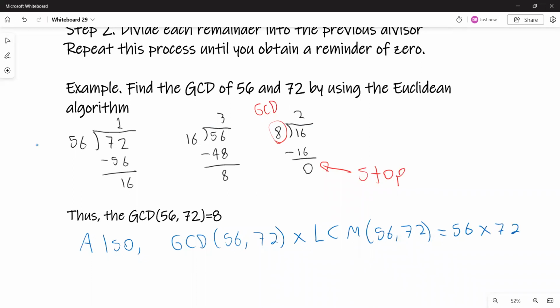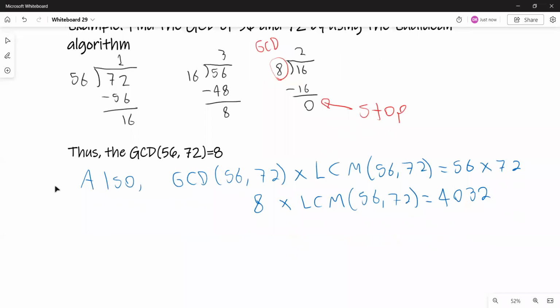The greatest common divisor, we found this to be equal to 8. We want to know what is the least common multiple. And 56 times 72 is equal to 4,032. Okay, so the least common multiple of 56 and 72 must be equal to 4,032 divided by 8, or 504.